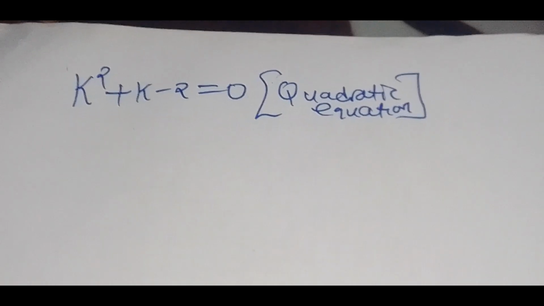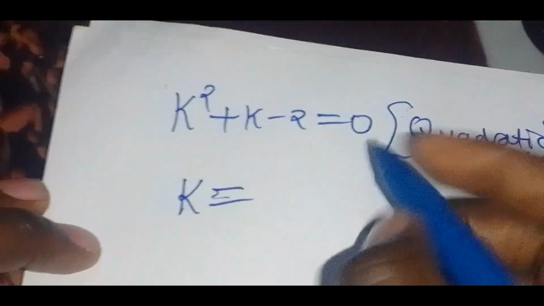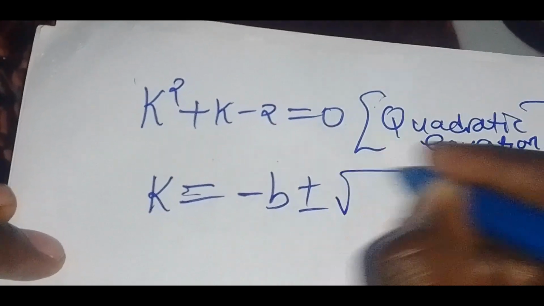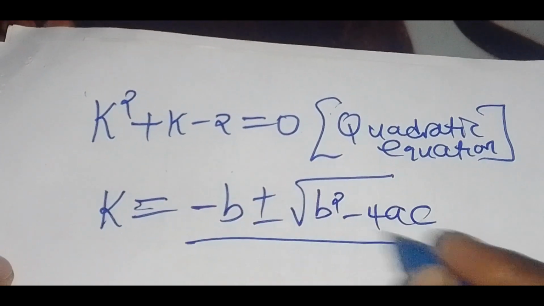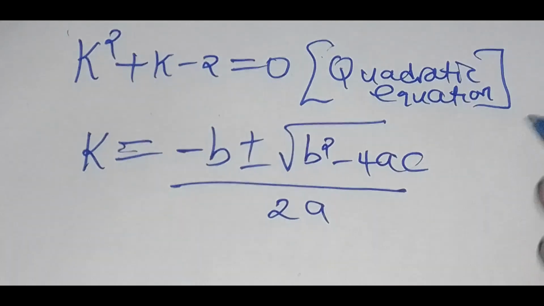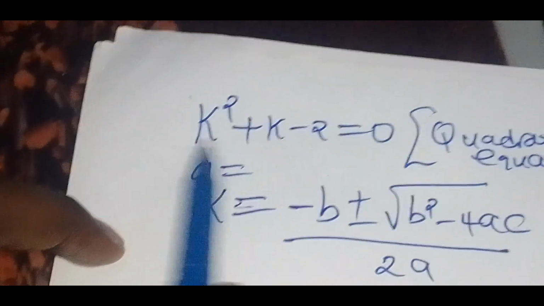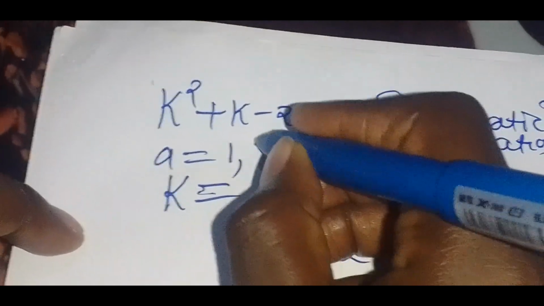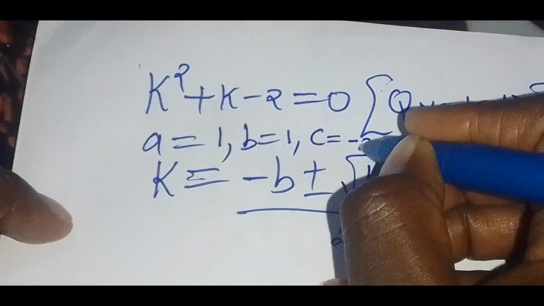Okay, so we'll have k equal to, this is the formula, minus b plus or minus the square root of b squared minus 4ac, divided by 2a. Okay, this is the quadratic formula. But remember, from our quadratic equation, we have a equal to 1, b equal to 1, and c equal to minus 2.